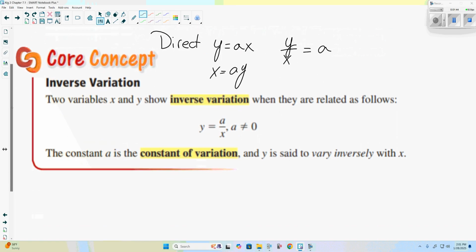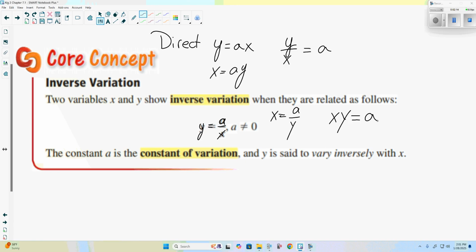It's direct. Inverse variation: y equals a over x. Or we could say x is equal to a over y. These are the same equations, just another way to write it. Or we can get the a by itself, telling us that x times y is equal to a. These are all inverse variations, or different ways we can write this equation.